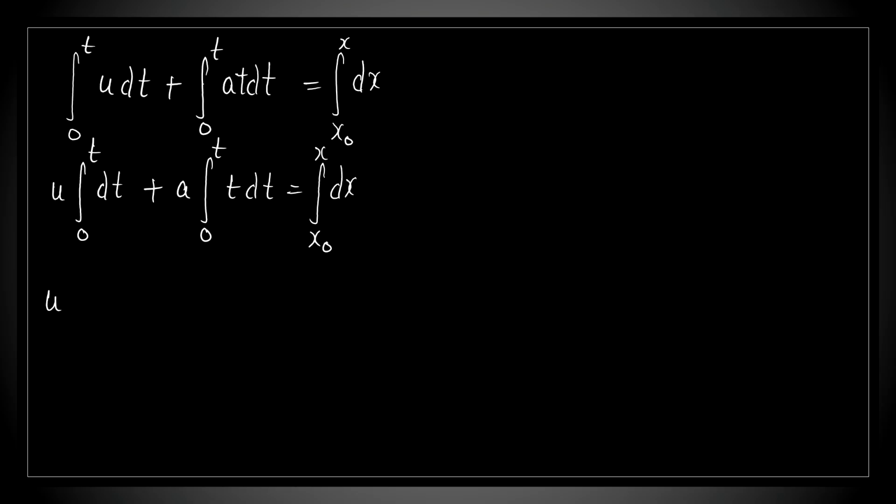Then integration of dt is t, with limits 0 to t, plus a. Here I use the formula integration of t power n dt is t power n plus 1 upon n plus 1.